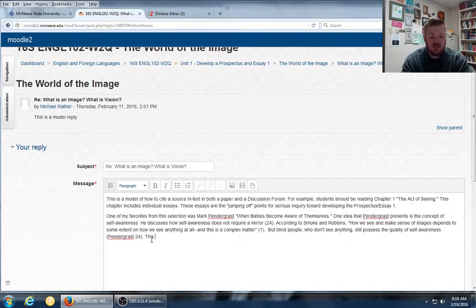this example serves to prove or at least illustrate that seeing is more complex than sight.